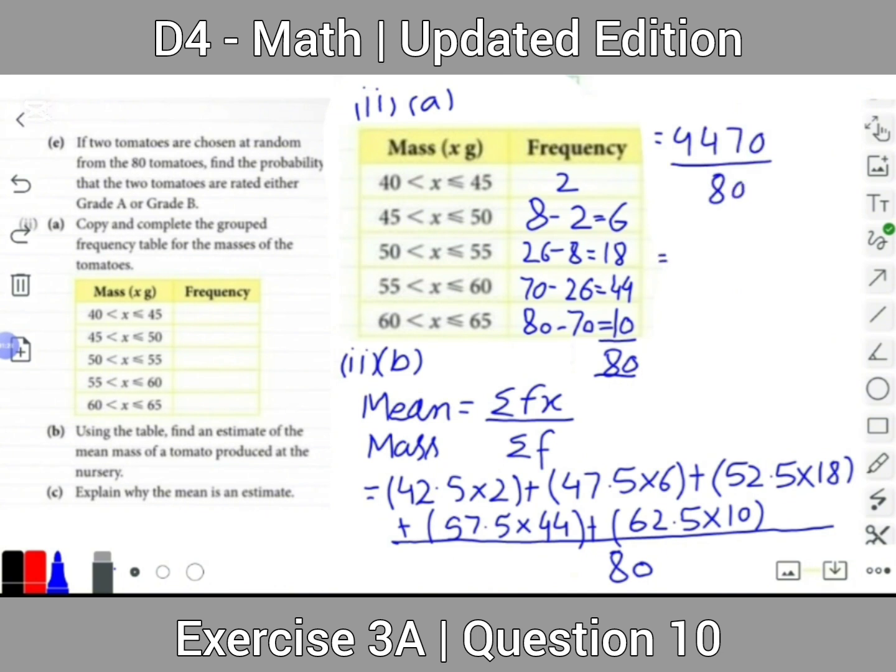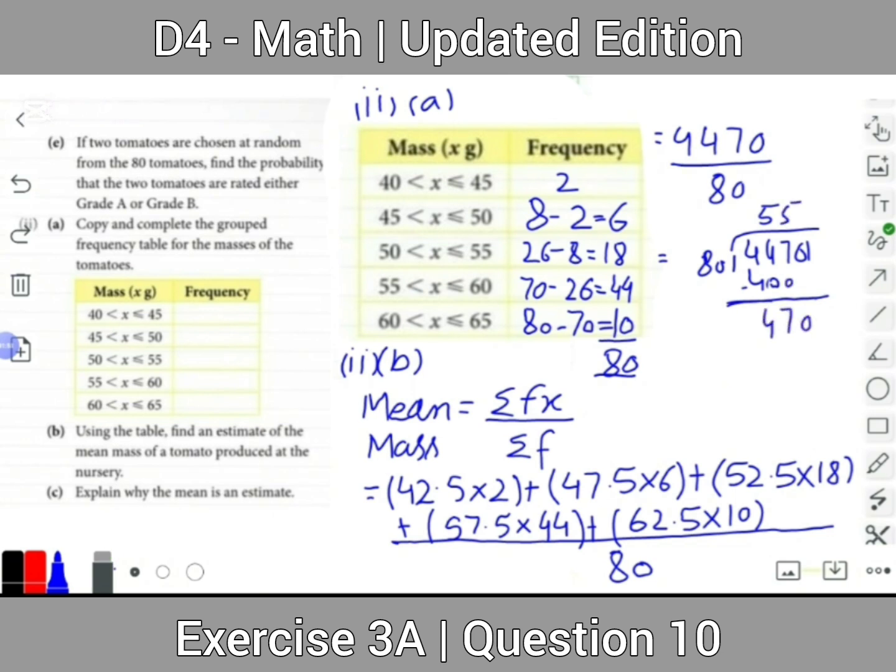Now we will divide it. 80 times 5 is 400. Here we have 470.